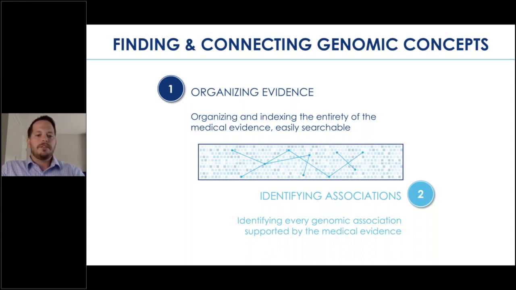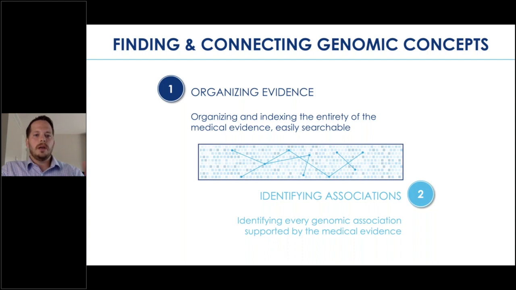So it's often considered that Mastermind just organizes the evidence, which should be apparent to any users of the software. But we do an additional thing that I alluded to just a moment ago, and that's identify those associations.